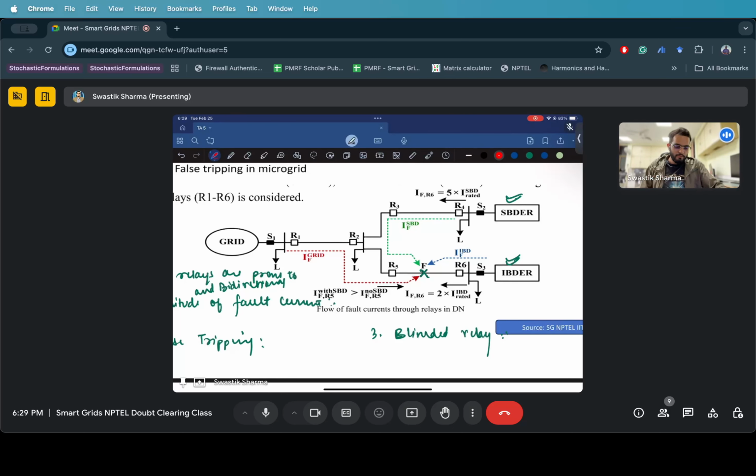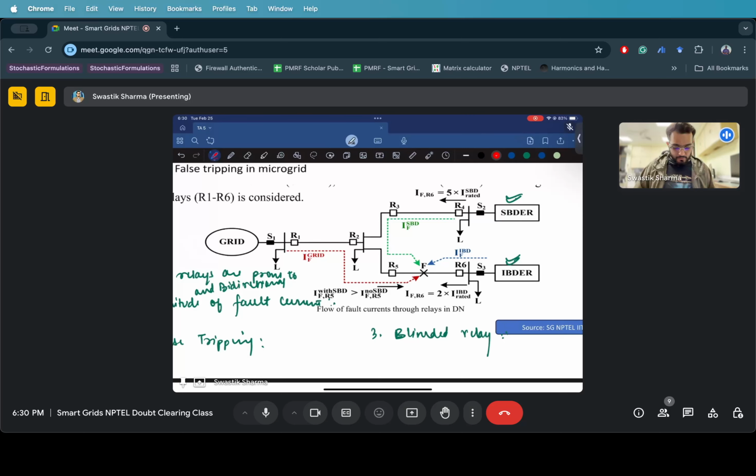Using this simple experiment, let's see. As I already told you, a synchronous based DR supplies 5 times the rated current as fault current, and an inverter based DR supplies twice the rated current as fault current. If you check the IEEE 1547 standard, it is 1.1 to 1.5, but to take it as a whole number, 2 is generally used as a thumb rule.